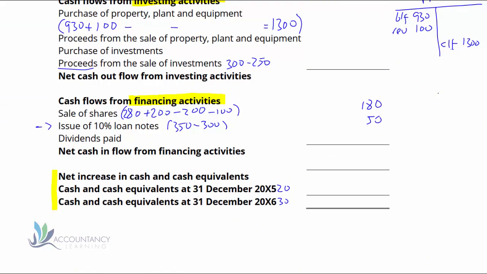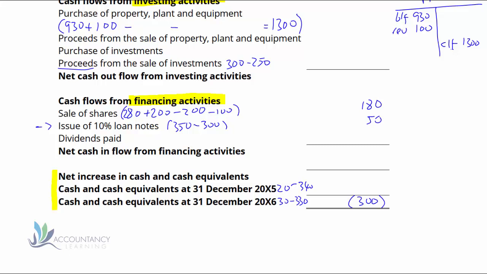So we need to deduct 330 from the 30 at the end of the year. That means we've got negative cash and cash equivalents of 300 at the end of the year. And we need to deduct 340 from the 20.